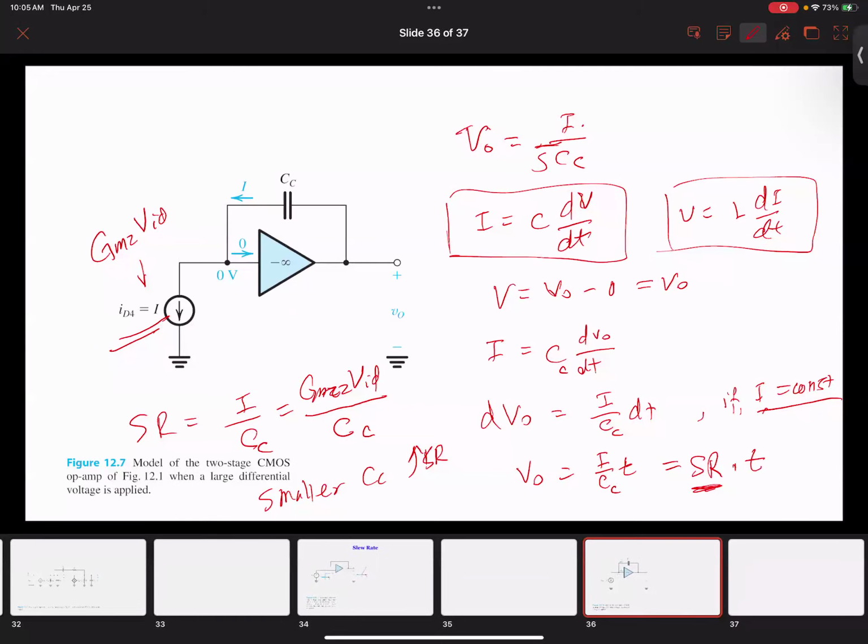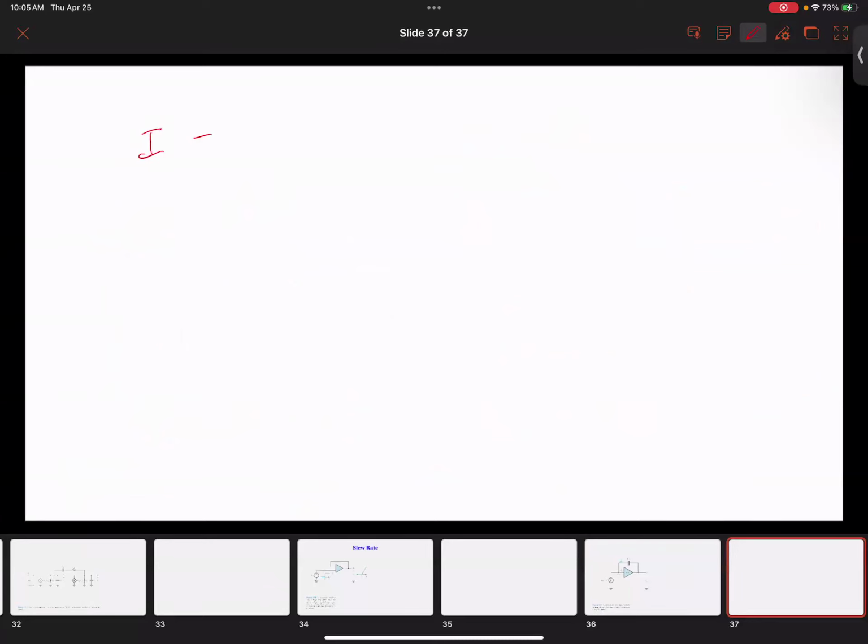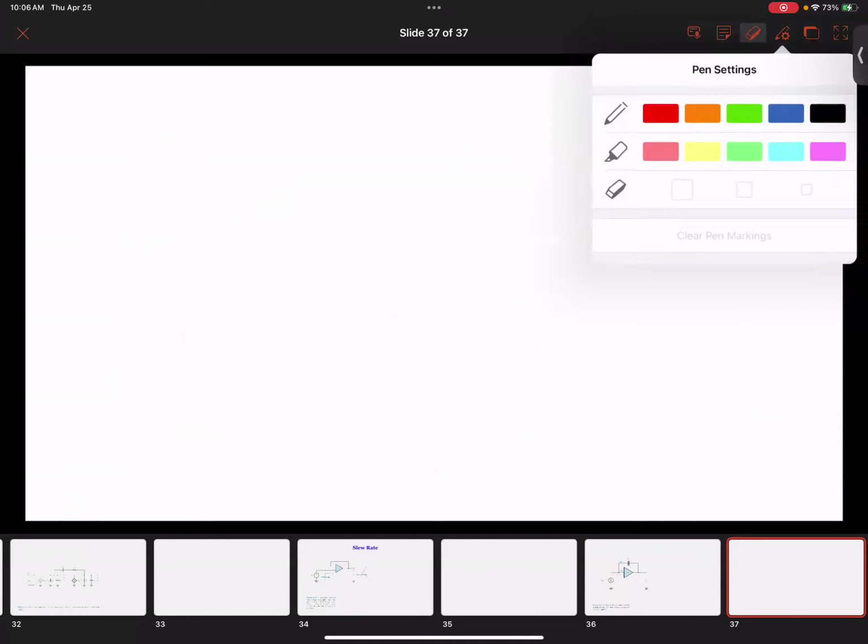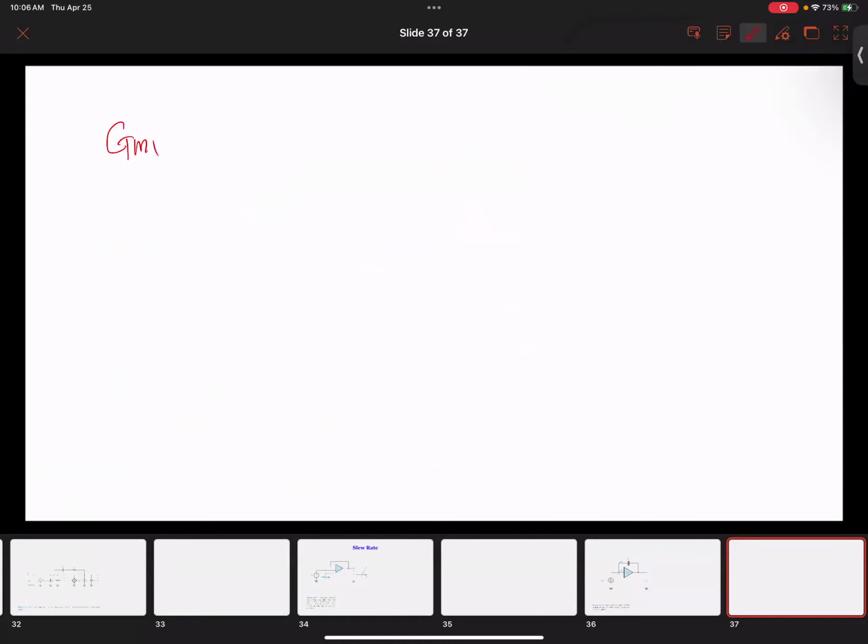But if we plug in the I, if you look at the DC operation instead of AC, the I in the circuit can be defined through GM1. By definition, GM1 equals I over VOV1, which means we can plug this into SR, which was equal to I over CC.